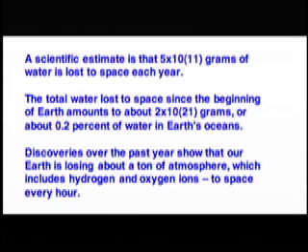The total amount of water lost to space since the beginning of our Earth's history comes to about 2 × 10⁻²¹ grams of water lost each year to space, or about 0.2% of water in all of Earth's oceans. Recent discoveries, however, over the past year indicate that our Earth is losing about a ton of atmosphere, which includes hydrogen, oxygen ions, and other constituents, to outer space every hour.